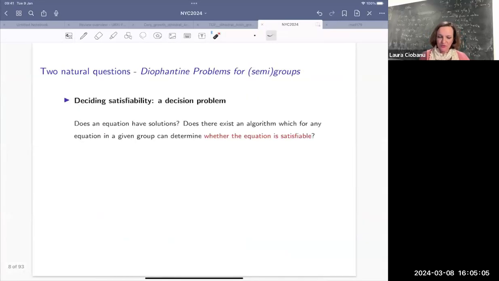There are two natural questions. The first one is deciding satisfiability. What do I mean by that? Simply asking, does an equation in a group, your favorite group, have solutions? Because this is a decision problem, the correct way to ask this is: does there exist an algorithm which for every equation can determine whether the equation is satisfiable, meaning it has a solution?